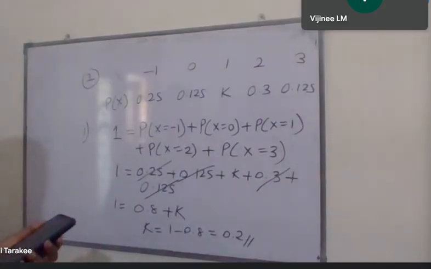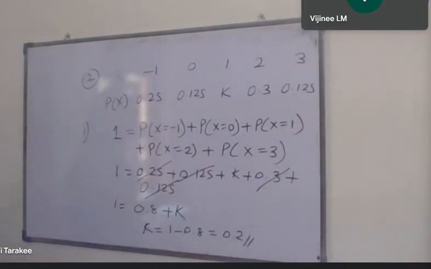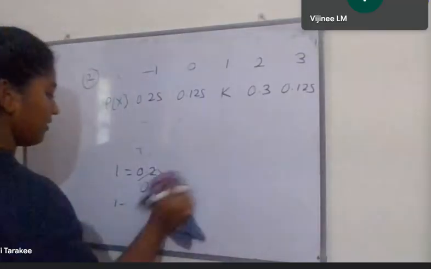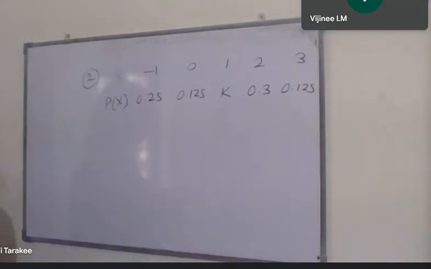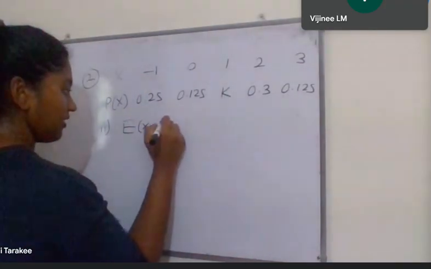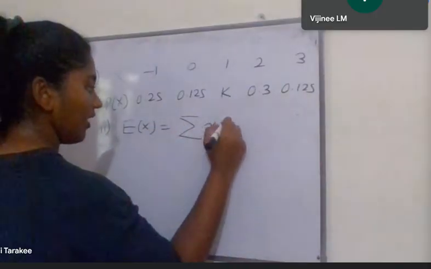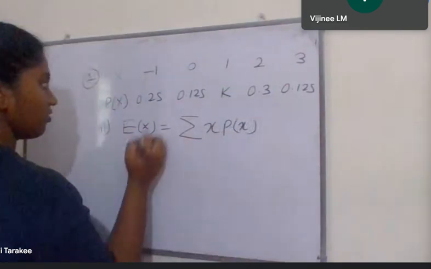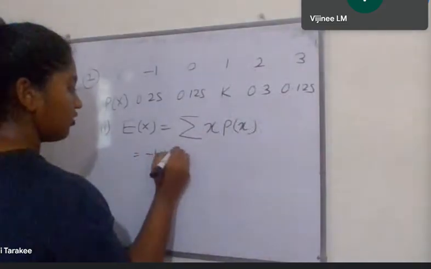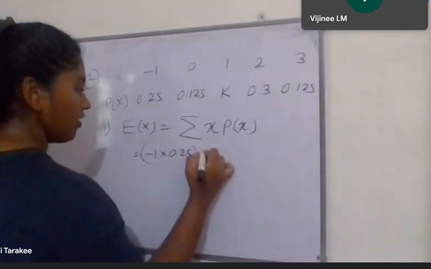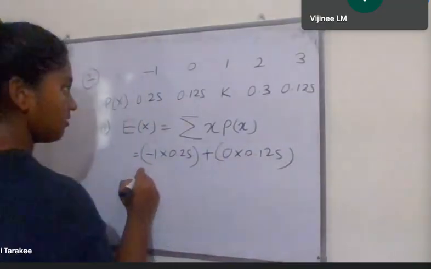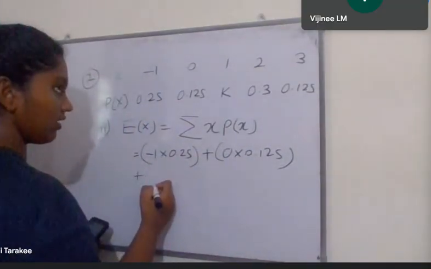Then find the value of E(x). E(x) is a formula like E(x) equals sigma x P(x). So x P(x), we multiply, so minus 1 into 0.25 plus 0 into 0.125 plus 1 into K. K is 0.2, no?